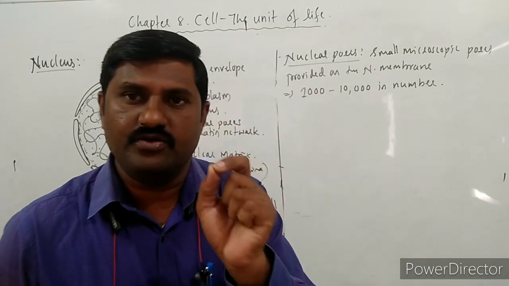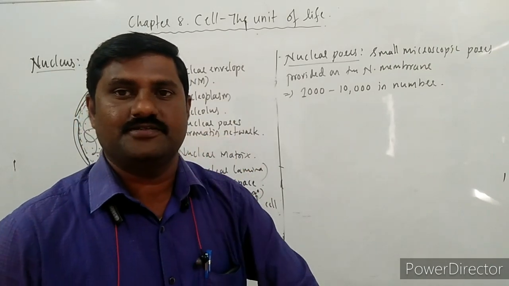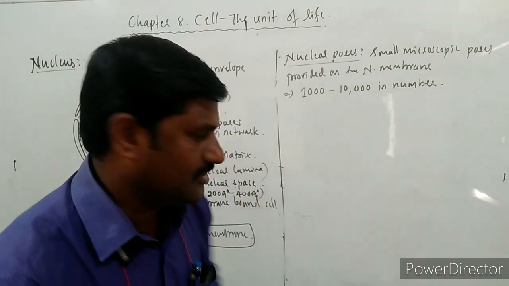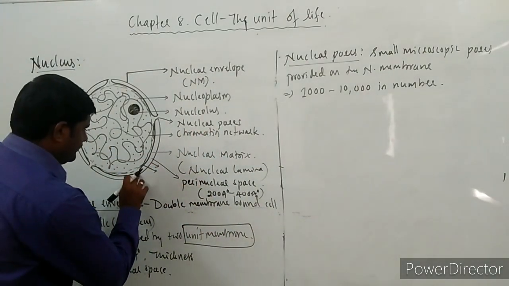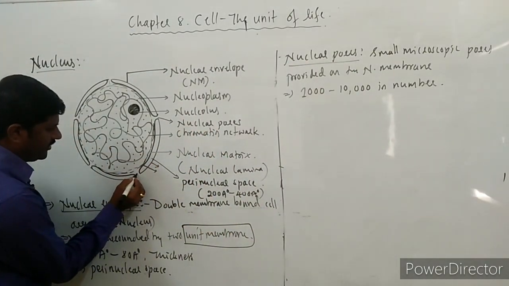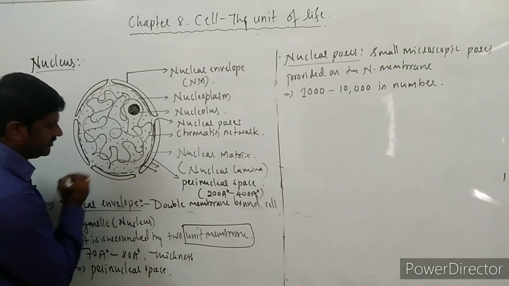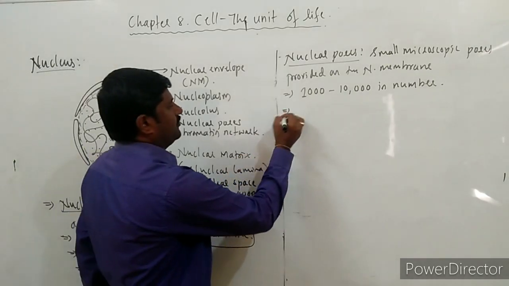At the position of nuclear pores, the two unit membranes fuse with each other. See here, this is the region of the nuclear pore in which both the membranes are fused with each other. Right? Point to be noted.